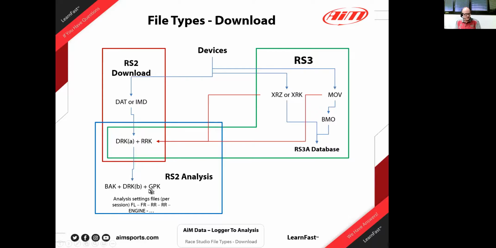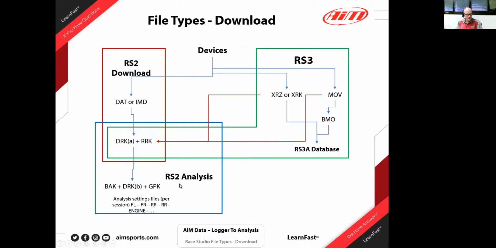A GPK file was always including GPS information, but they were kind of crunched in a different format. They were transformed into a different format that was specific for RS2 analysis views.